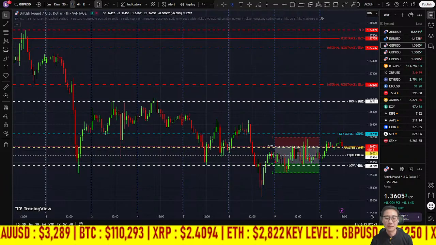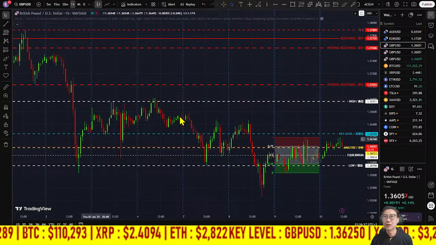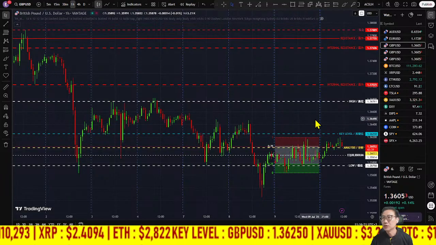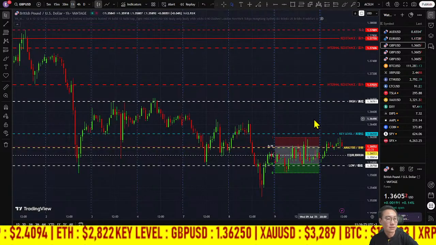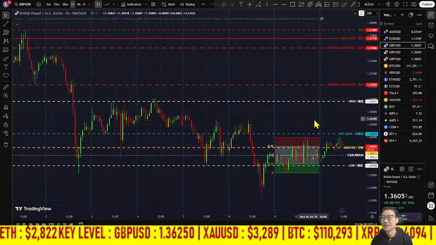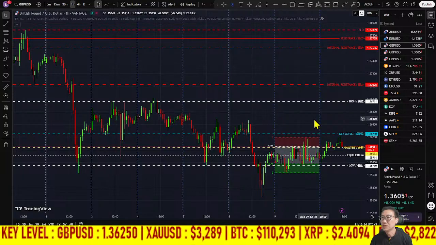Today I'm looking at the pound dollar. First of all, let's look at it together. As of today, by looking into the movement from yesterday, we are looking at 133.250.